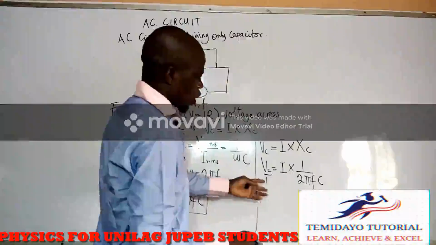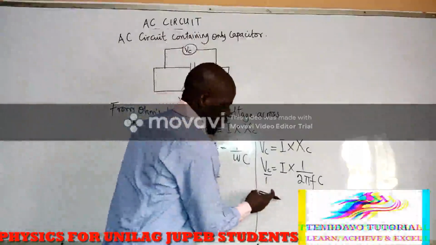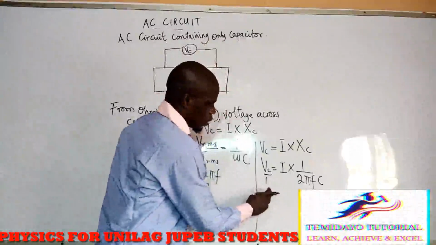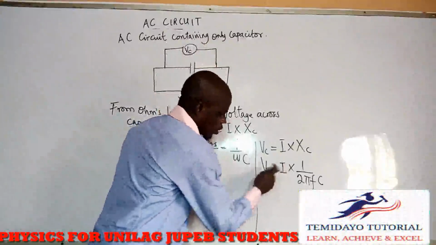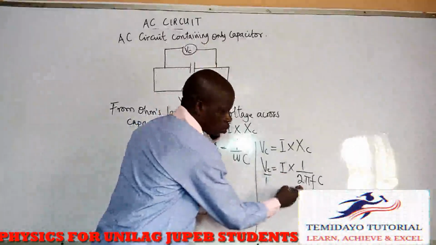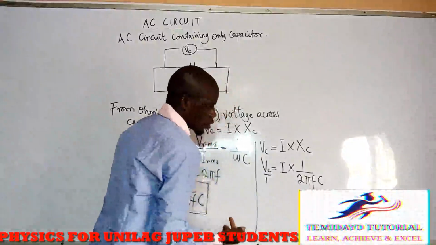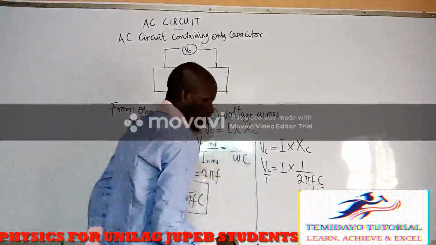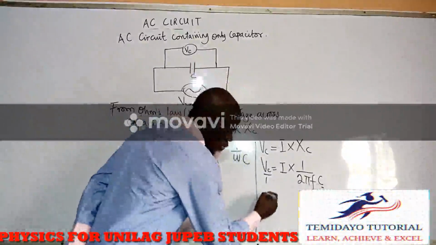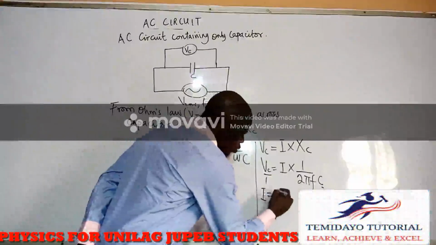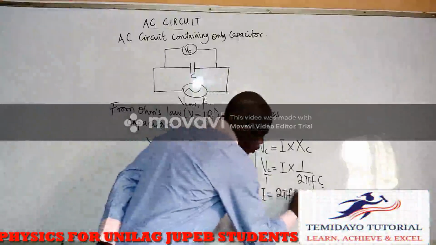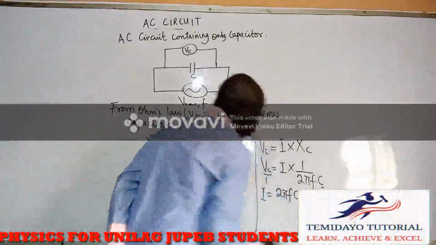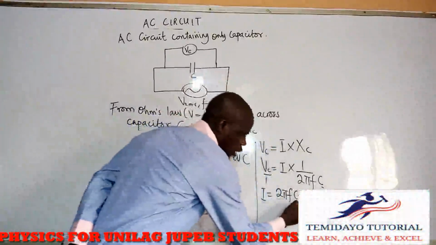When you cross multiply, what are we going to get in this case? We have established that VC is equal to I divided by 2 pi fC. We want to get the capacitor out. So when you cross multiply, you have current equal to 2 pi fC multiplied by VC. And what's our C? The capacitor.